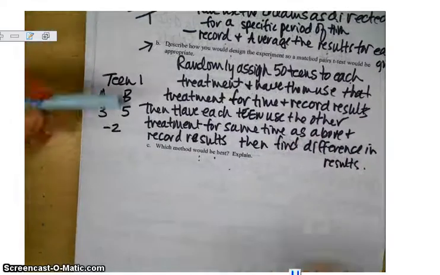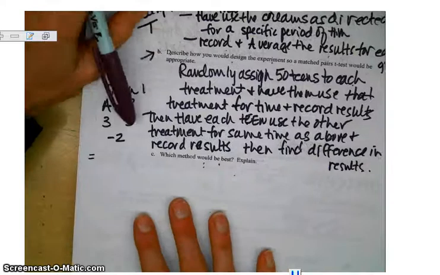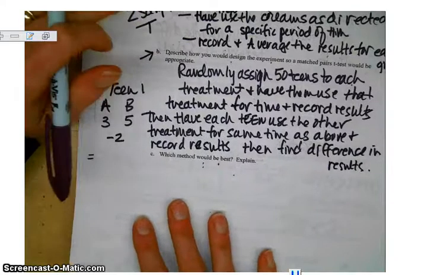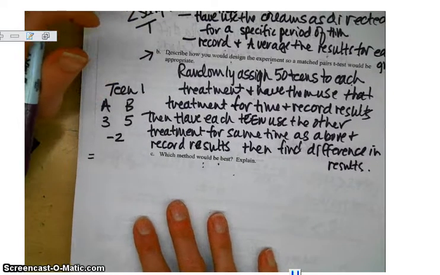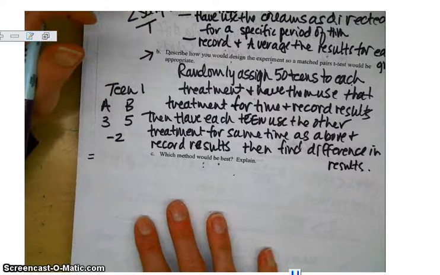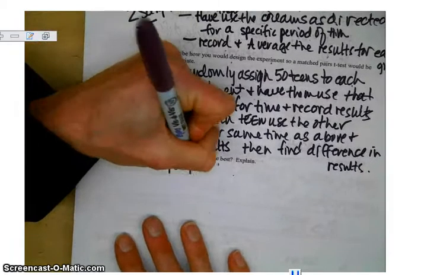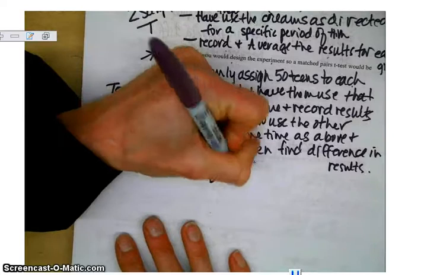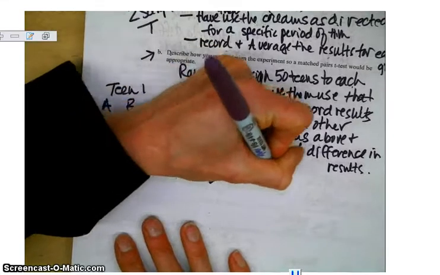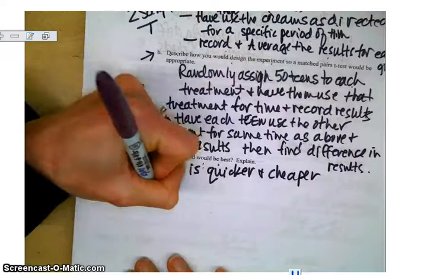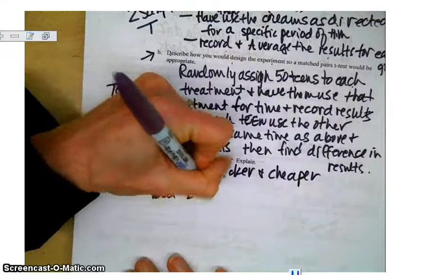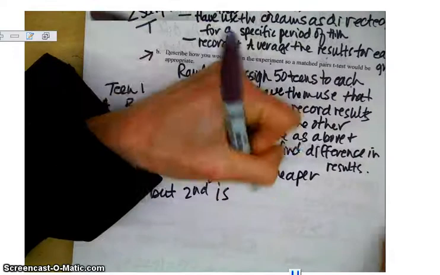All right, which method will be the best, do you think? The second one is more competitive. Yeah, the first one you get quicker results, but the second one would actually be more thorough. Okay, so the first is quicker. Cheaper. Yeah, quicker and cheaper, okay? But the second is what?